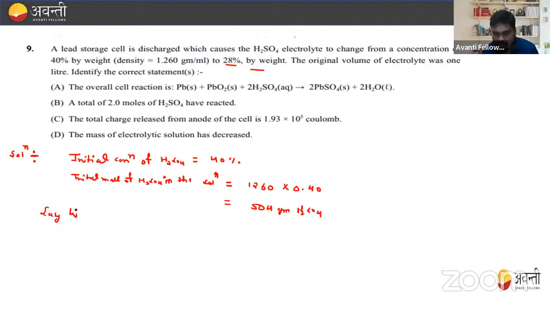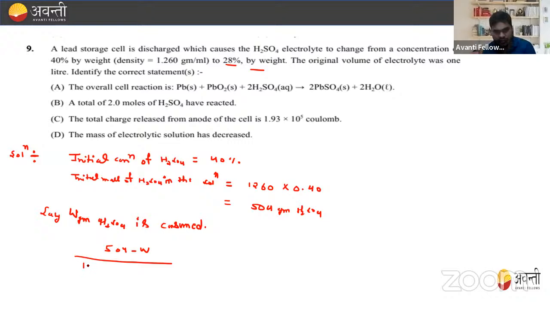Let's say W gram of H2SO4 is consumed. So total 504 gram, out of which W gram is consumed, divided by, we have to calculate the mass fraction, right?